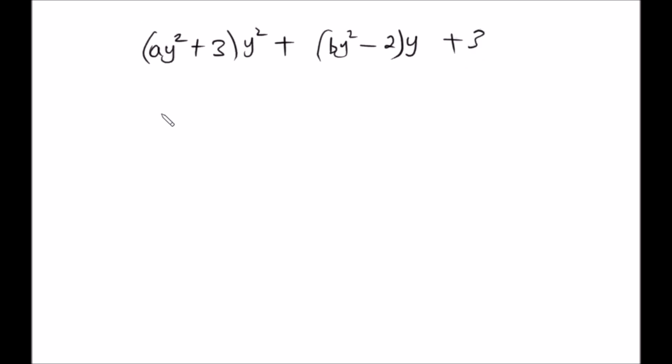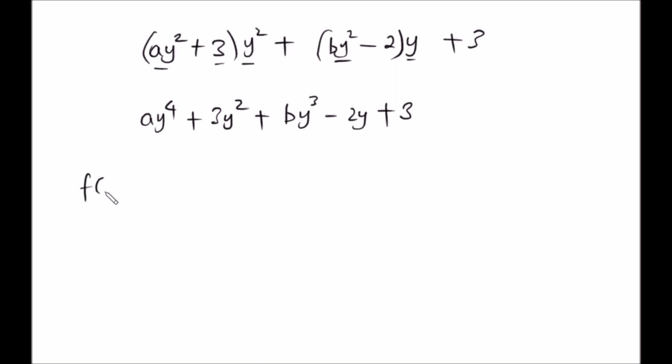So imekaa kiajabu ajabu, tufanye sawa. Huzidisha kwa huyu itakuwa ni a y power 4, huzidisha kwa huyu itakuwa ni 3y squared, huyu na huyu itakuwa ni by cube, na huyu ni minus 2y plus 3.